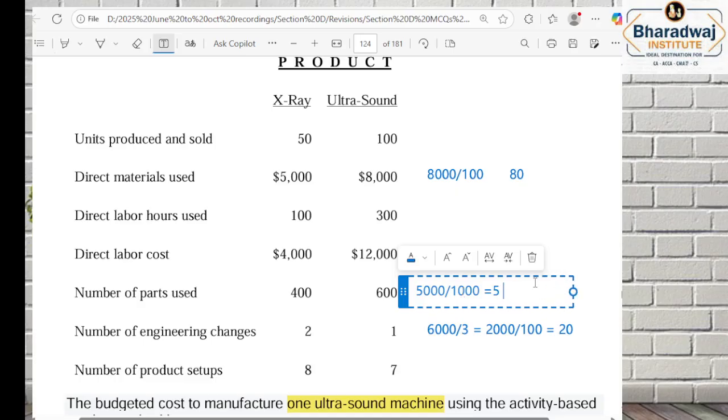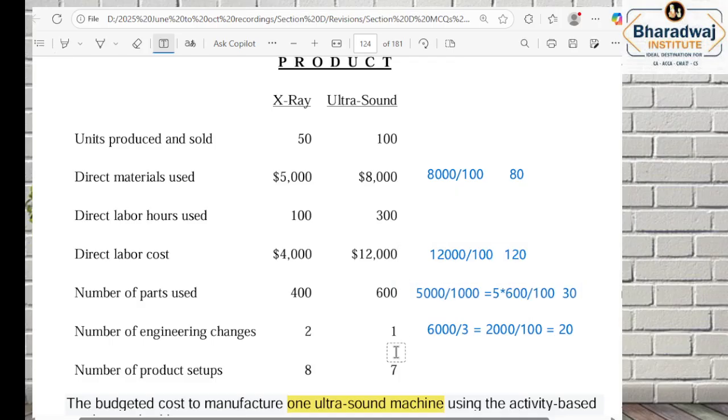For this product, 600 parts are used. So 5 into 600 divided by 100 units manufactured gives 30. You understand this?